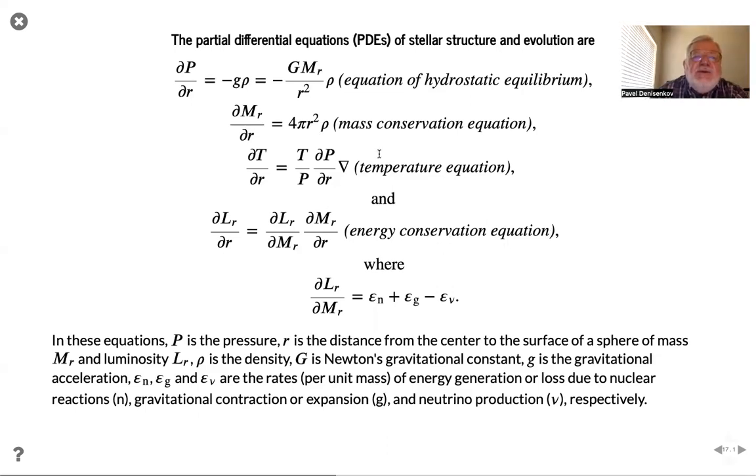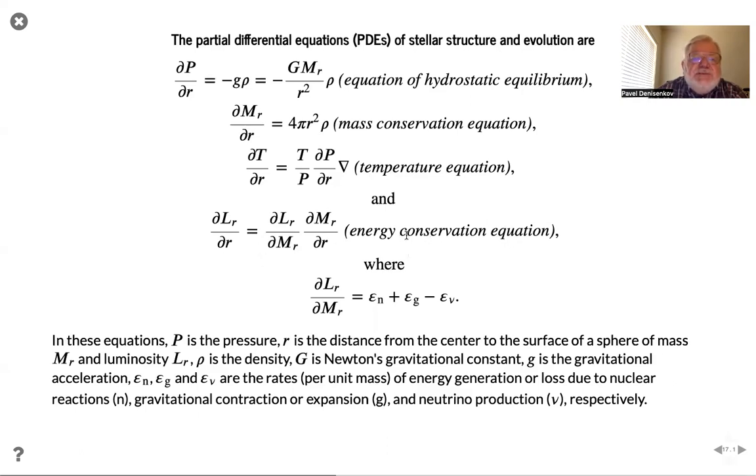All these equations actually come from conservation equations. The first one is momentum conservation. The second one is mass conservation. The third one is the thermodynamic condition for temperature gradient: heat flows from hotter regions to colder regions. And the fourth equation is energy conservation.